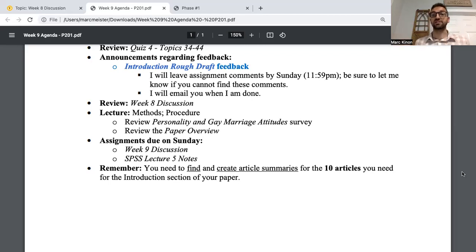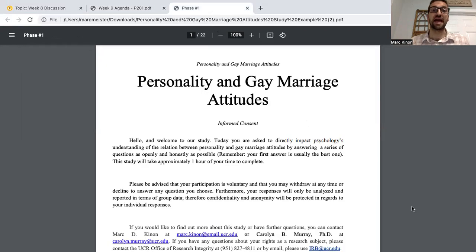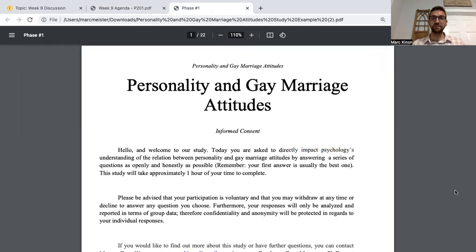The method section, starting with your participants and now the procedure, has to do with our study, your study, which is personality and gay marriage attitudes, okay? This is your study, right? Your hypotheses came from here, and then from there, you found articles essentially to figure out what other people have said about your hypotheses.